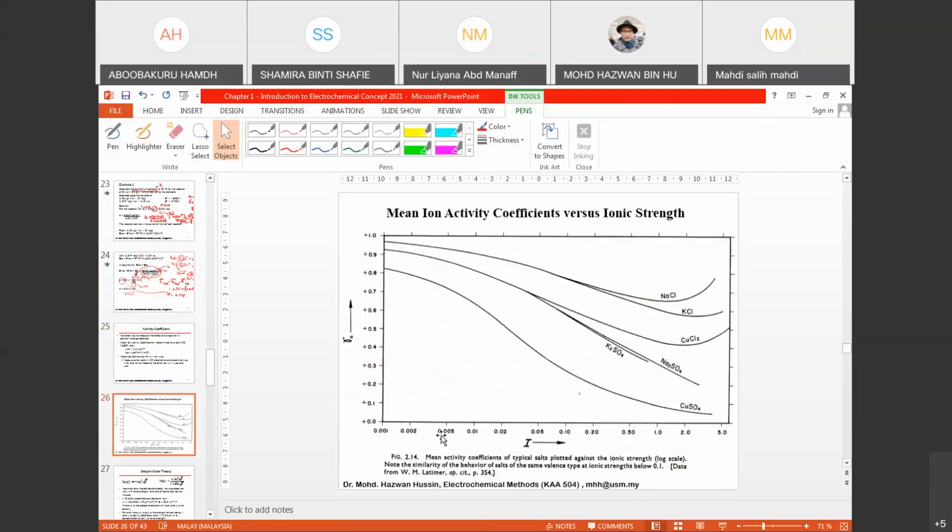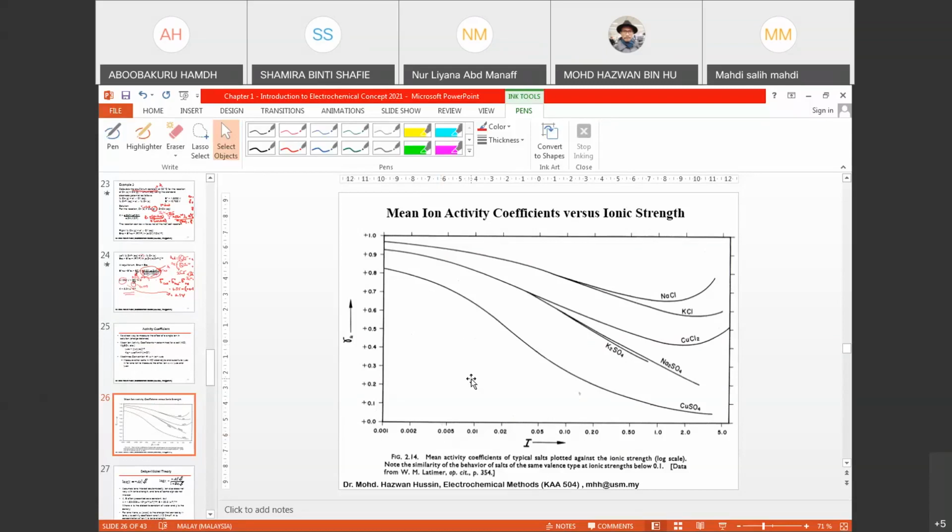This is just to show you how ionic strength gives a difference in terms of ionic activity coefficient values. Over here you have different types of salt, ranging from NaCl, KCl, copper chloride solution, sodium sulfate, potassium sulfate, and copper sulfate solution. If you notice over here, the y-axis is the ionic activity coefficient, while the x-axis is the ionic strength.